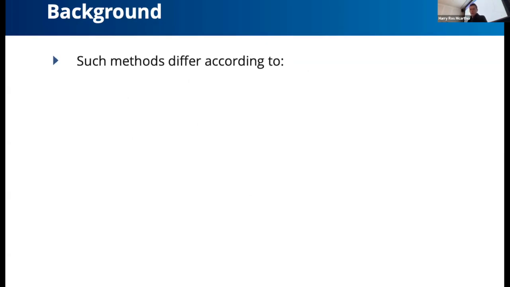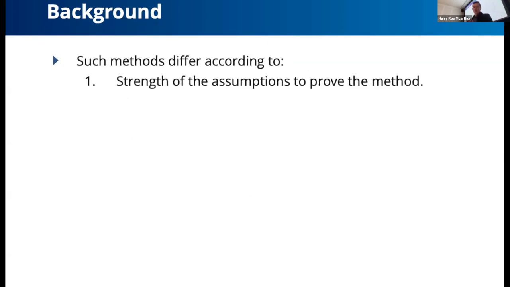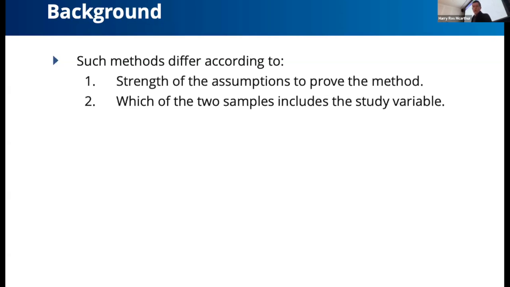Now, such methods differ according to, first of all, the strength of the assumptions used to prove the method, which of the 2 samples includes the study variable, and reliance on data linkage. If you have a survey where people respond with their name, date of birth, sex, and address, and in tax returns people declare their name, date of birth, sex, and address, they might not be exactly the same for those records between the survey sample and the tax returns.